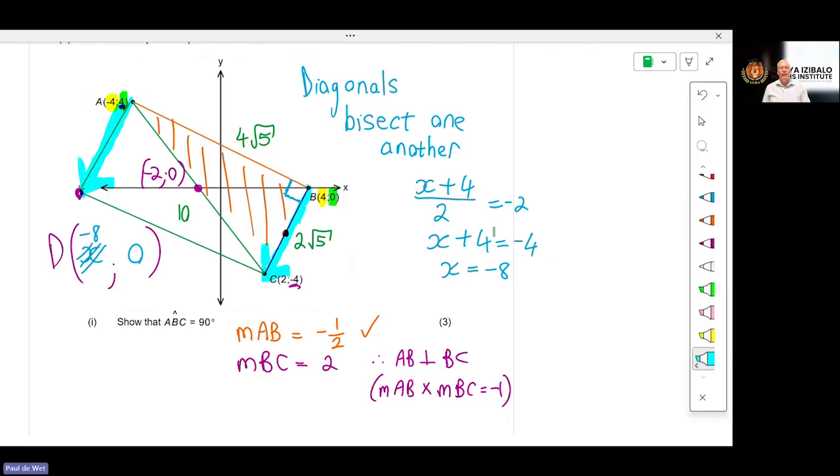Because here you said x plus 4 over 2 must be -2. Oh, goodness. Yeah, this has got smaller by 2. I'm getting a different answer with our two different methods, which is a little bit of a problem. Okay. I'm just trying to see where I've made a silly mistake here.